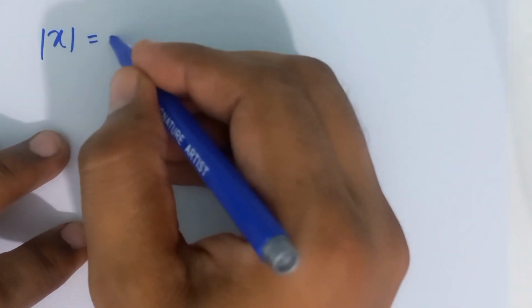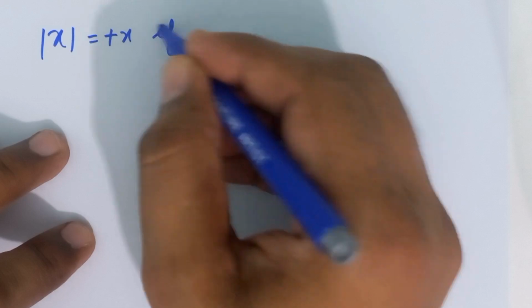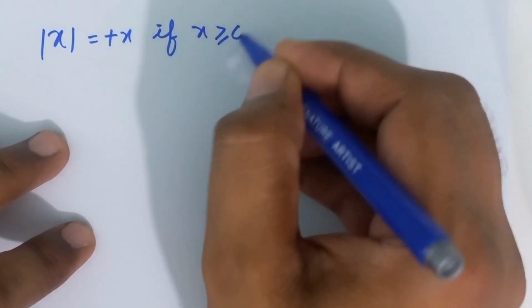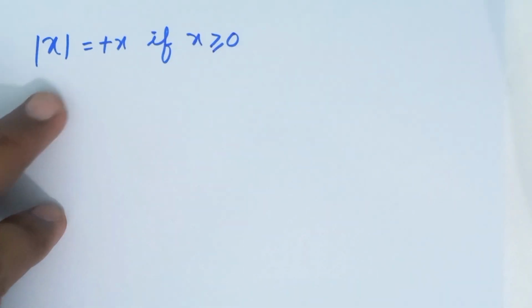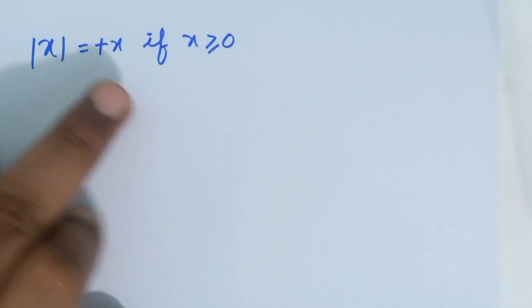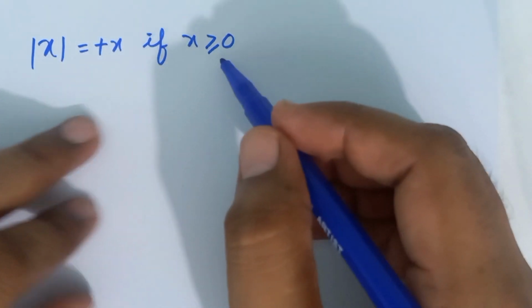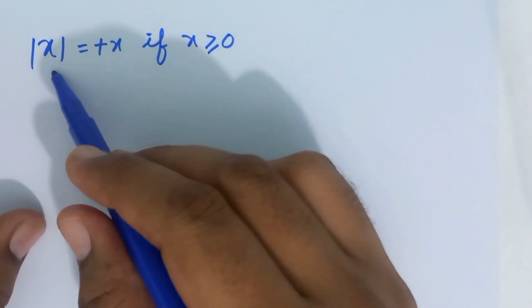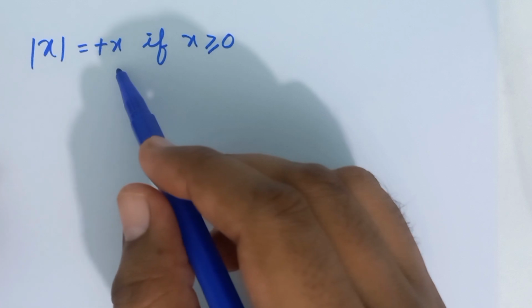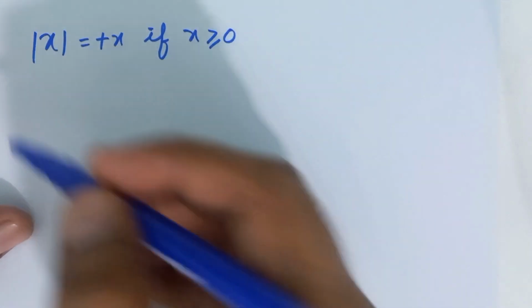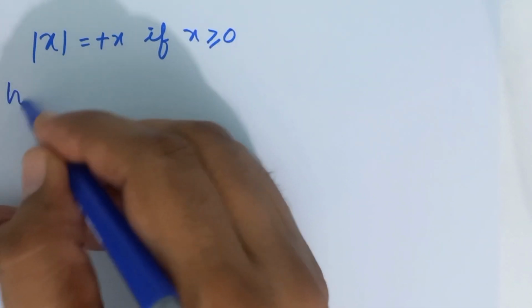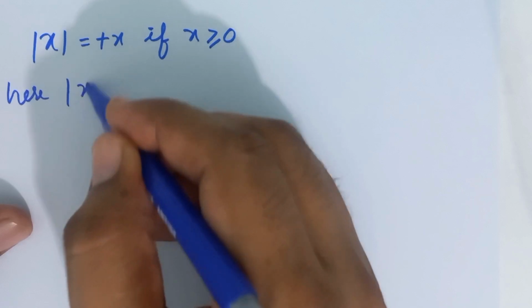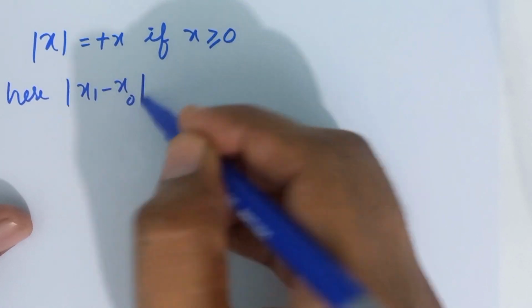further, as we know that absolute x is equal to positive x if x is greater than or equal to 0. In other words, if the number inside the absolute sign is non-negative, then the absolute value of x is equal to just plus x. Here consider x1 minus x0.